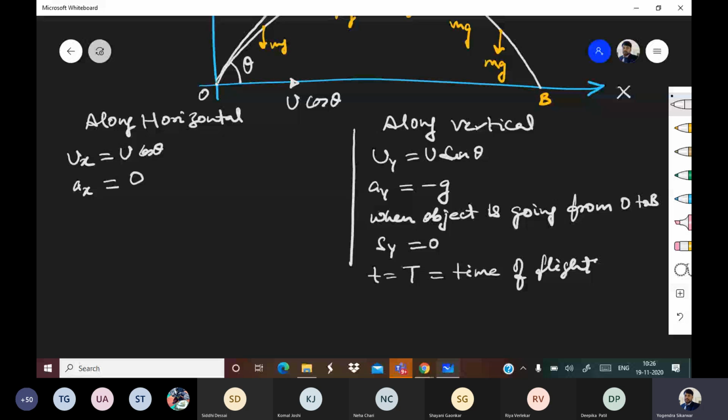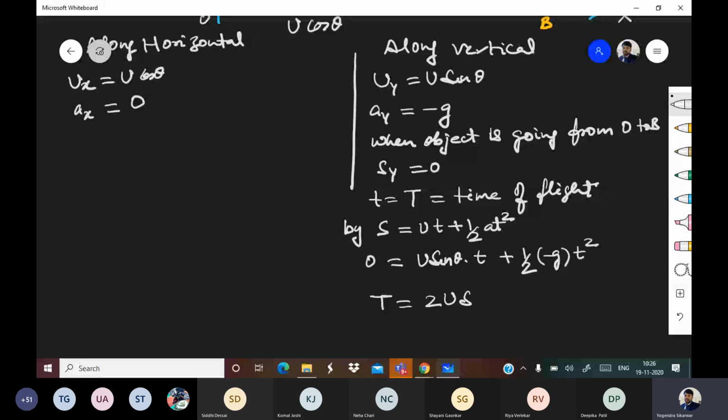So we can apply S is equal to ut plus half at square. S is 0. U is u sin theta, so 0 is equal to u sin theta into t plus half into minus g into t square, and that gives us t is equal to 2u sin theta by g.